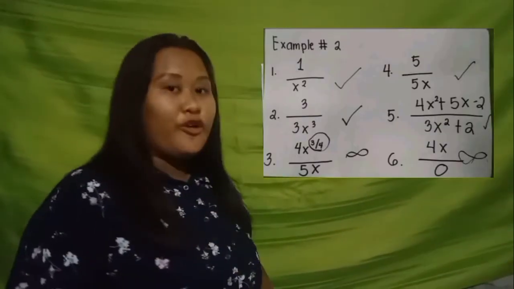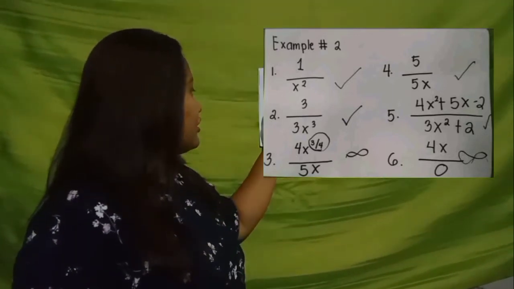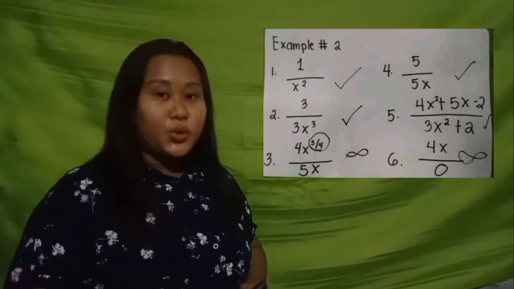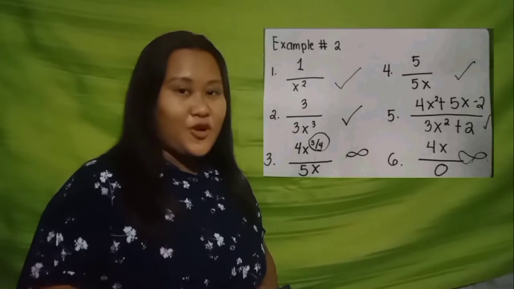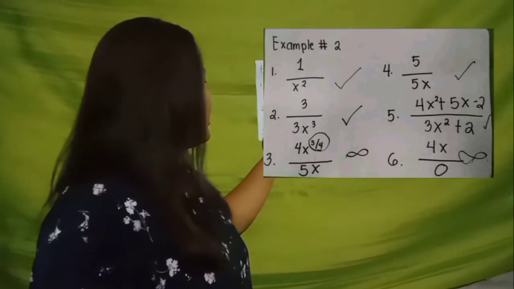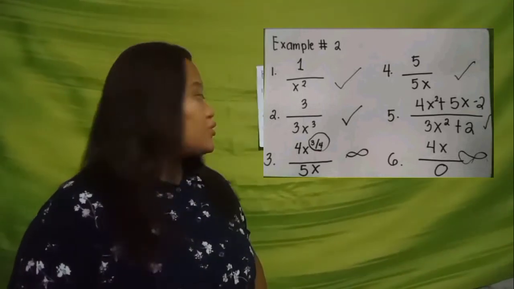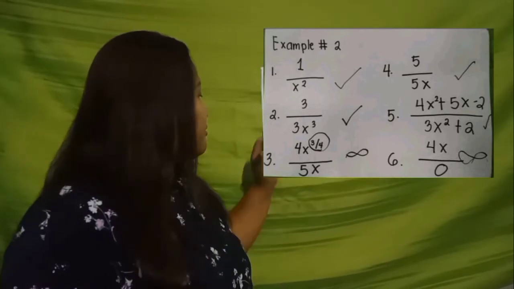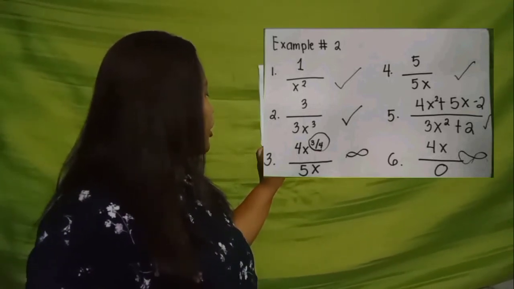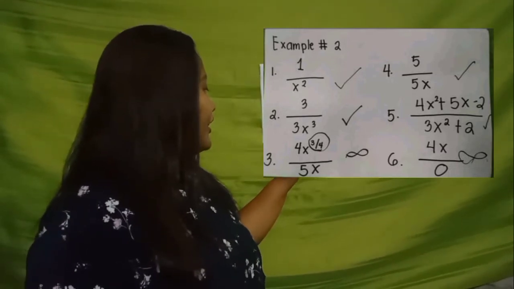Number 1, 1 over x squared is a rational function. Number 2, 3 over 3x cubed is also a rational function. Number 3, 4x raised to 3 over 4, over 5x. Hindi pwede magkaroon ng exponent na fraction. Kaya ito ay undefined.